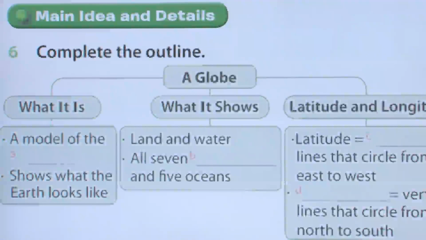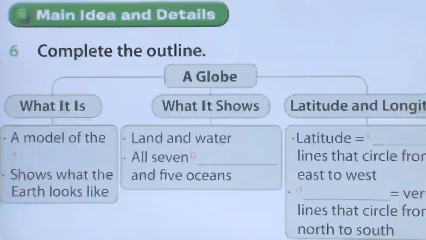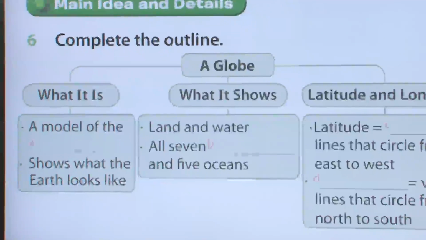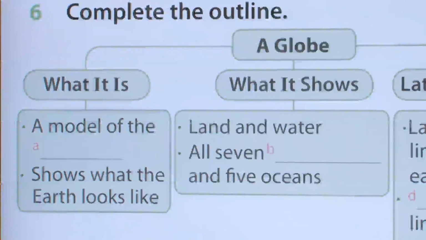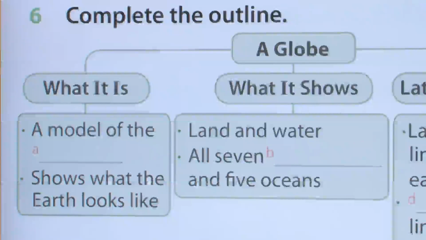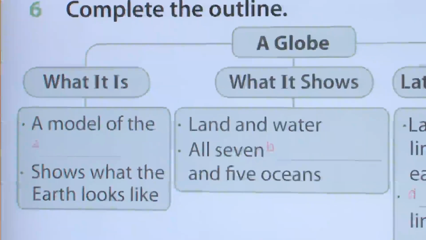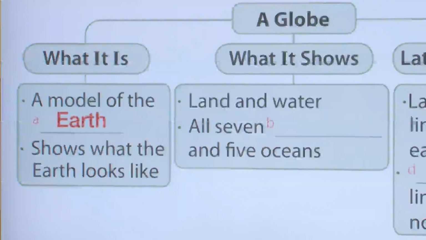Nice, that was good. Question number 6, let's complete the outline. We are talking about a globe. First, what is it? It is a model of the blank. A model of the car? A model of an airplane? No, it's a model of the Earth.